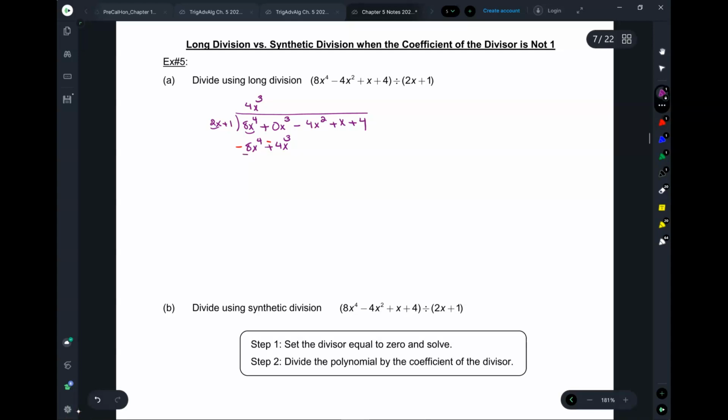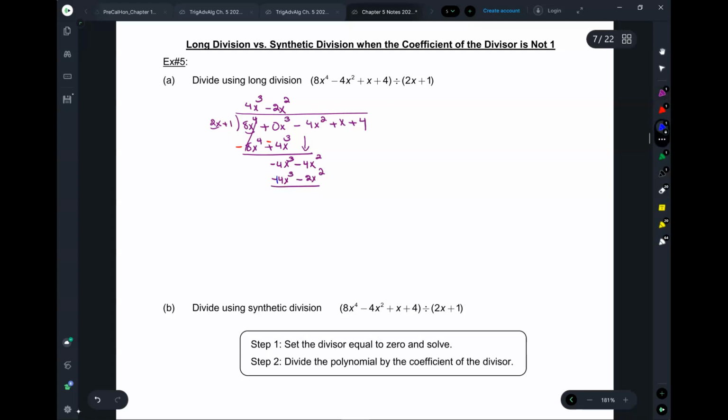So, subtract. This goes away. Negative 4x cubed. Minus 4x squared comes down. Okay, tell me, what am I going to put on top? I have negative 2x squared. Negative 2x squared. So we get negative 4x cubed minus 2x squared.